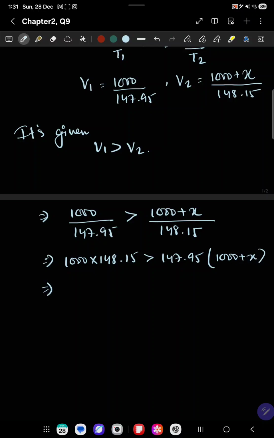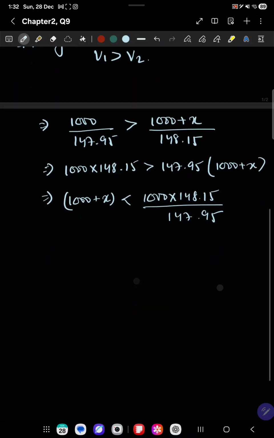From here we can find out this 1000 plus x should be less than 1000 into 148.15 upon 147.95, right?